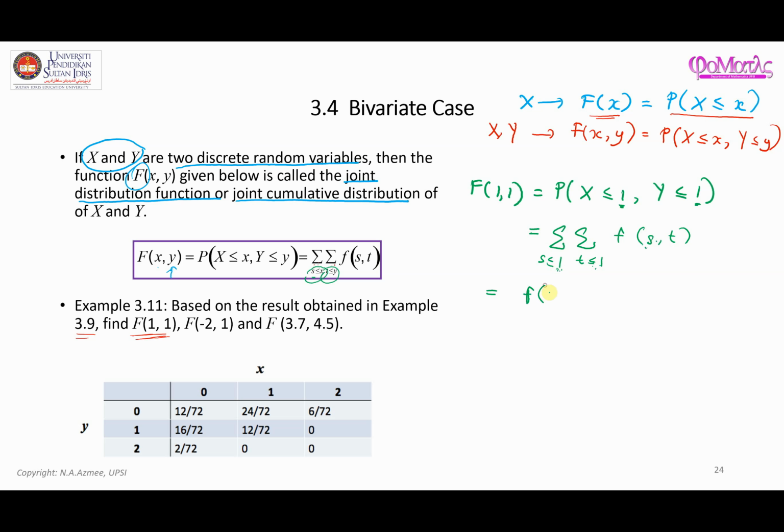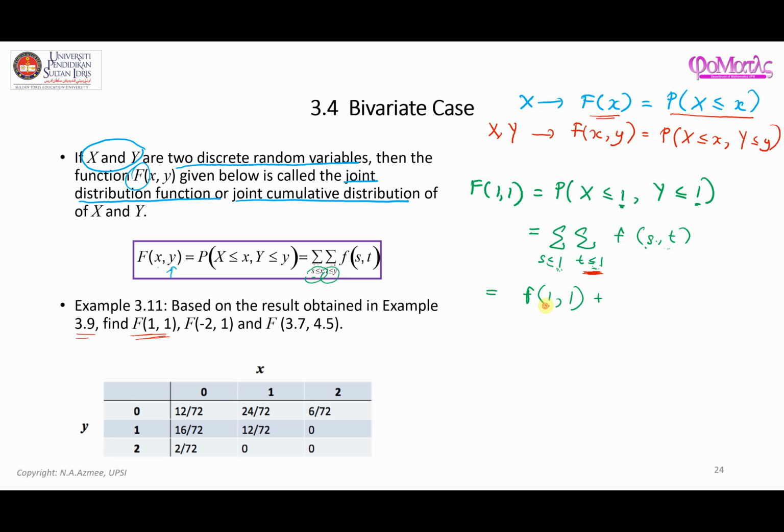So we've got f(1, ...), and then we're going to substitute t equals to 1 into here. So we've got f(1,1), and then we're going to continue in this inner cycle first.